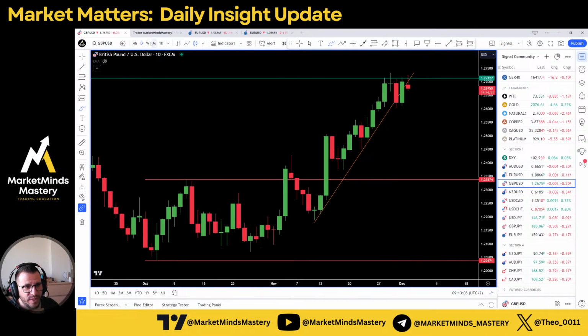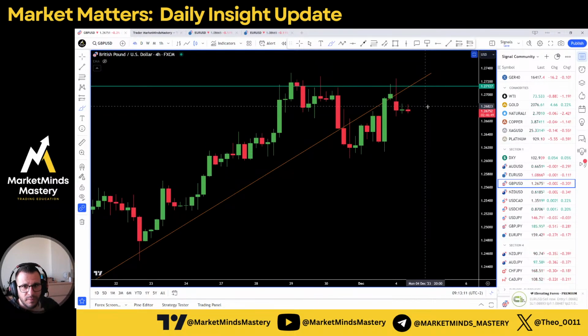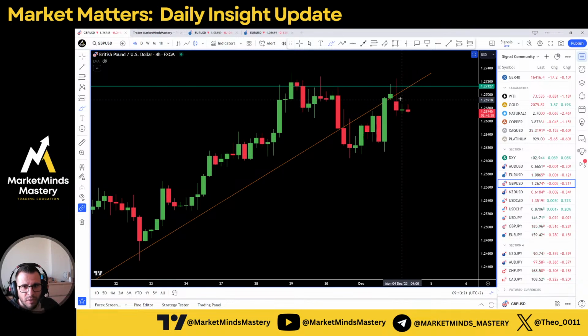Anyhow, price is at resistance. Early this morning, the price made a bearish engulfing combination with a rejection of the resistance here.